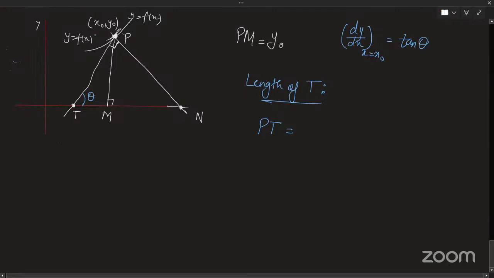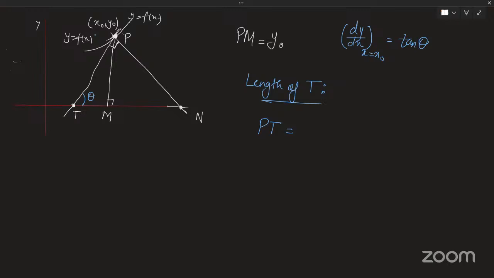Because dy by dx denotes the slope of the tangent, and the slope of tangent T is tan theta.